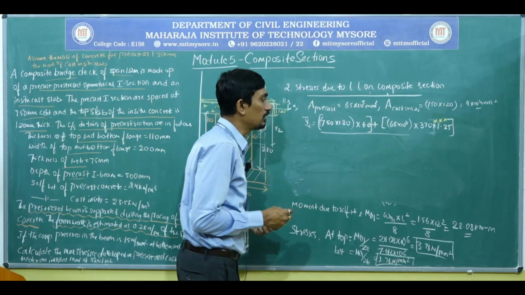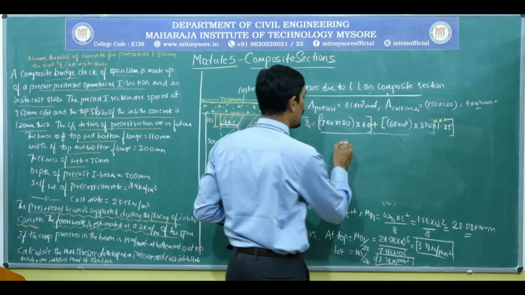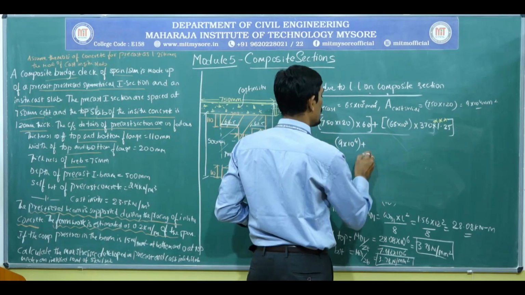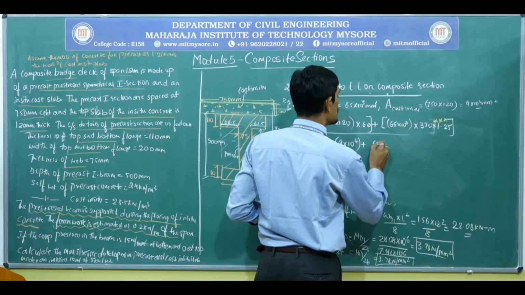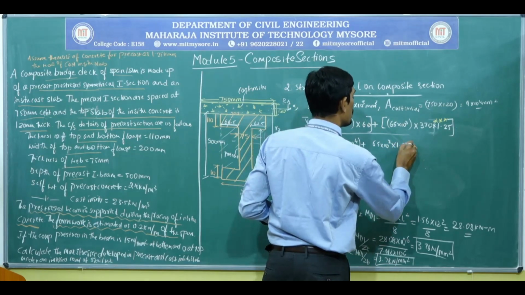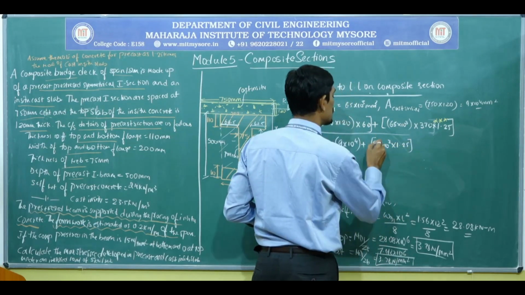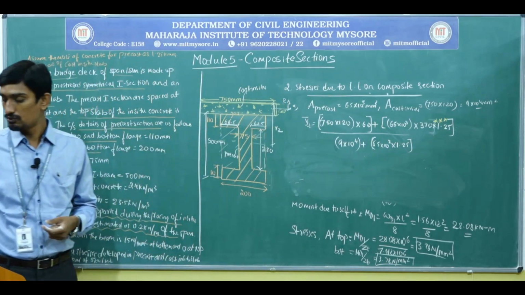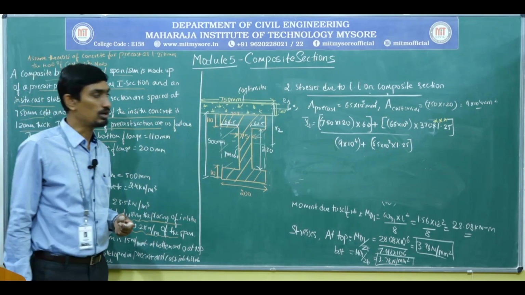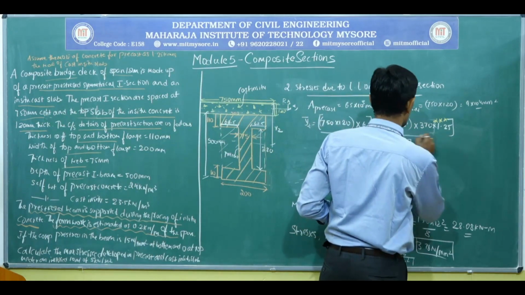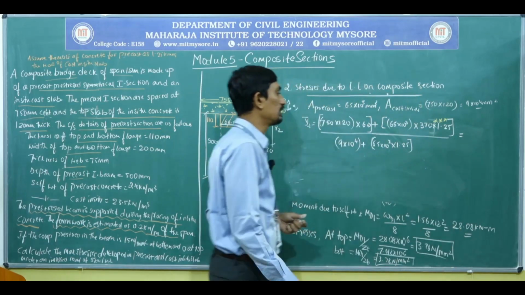Now once again, what is your a1? 9 into 10 to the power of 4, no change, plus a2 65 into 10 to the power of 3 multiply by 1.25. Once again I need to multiply the modular ratio for the precast. So let me substitute everything in the calculator.